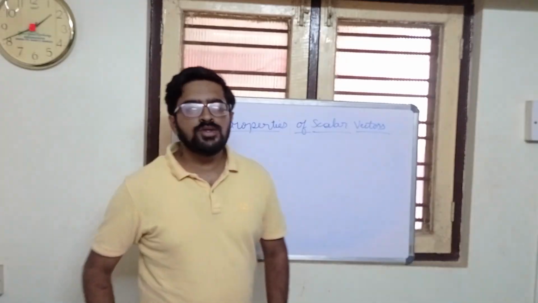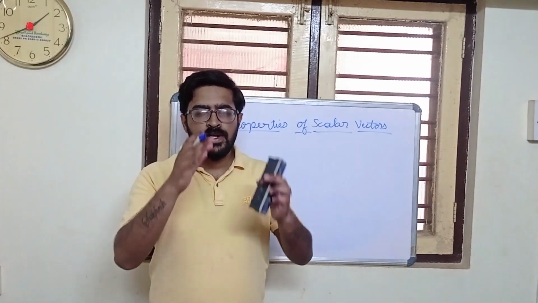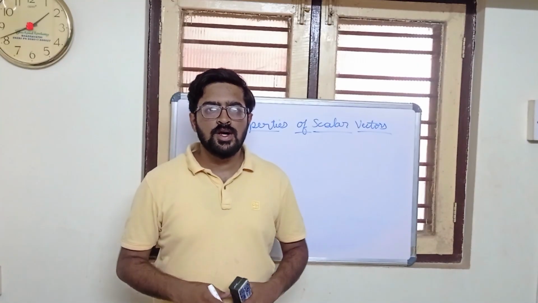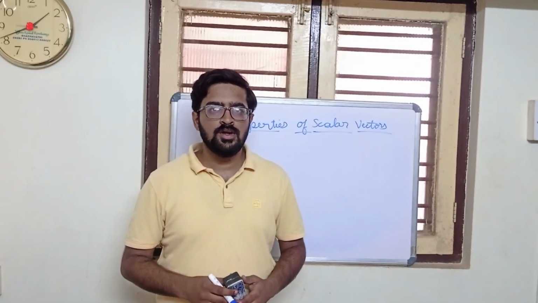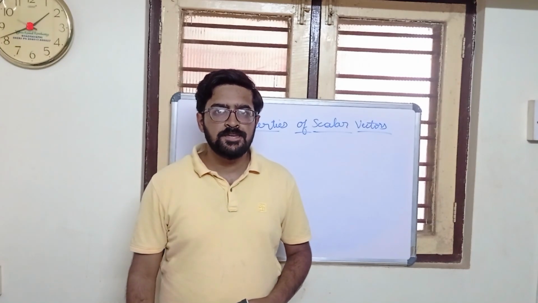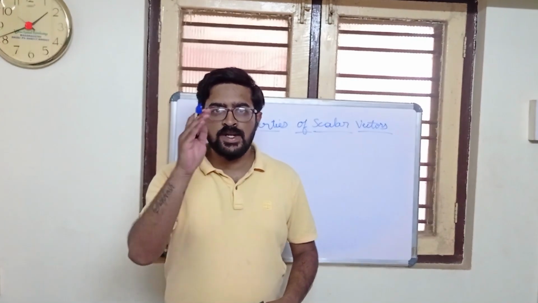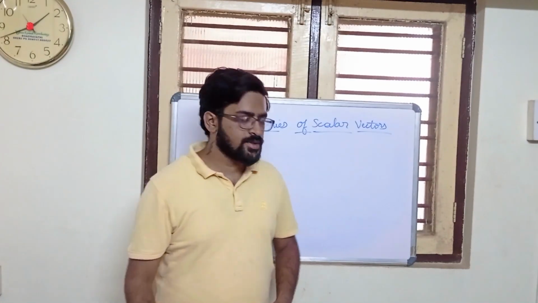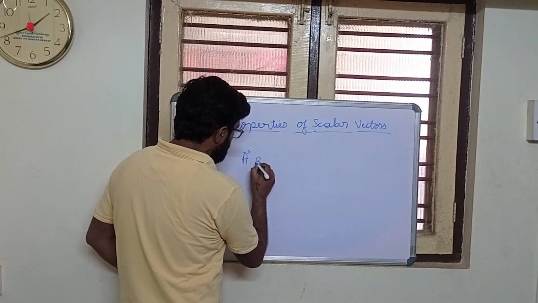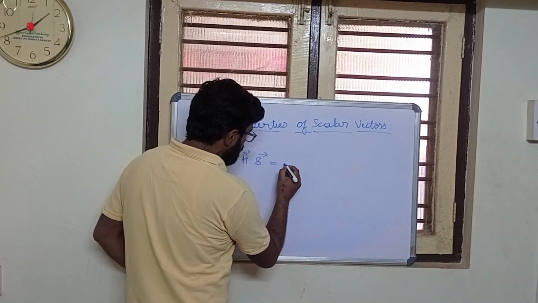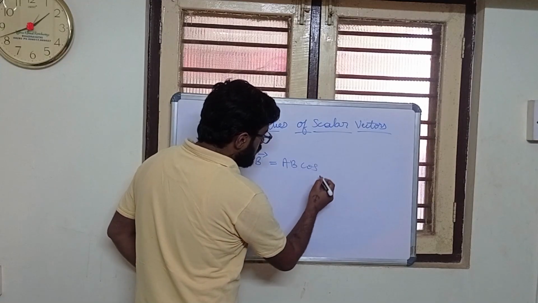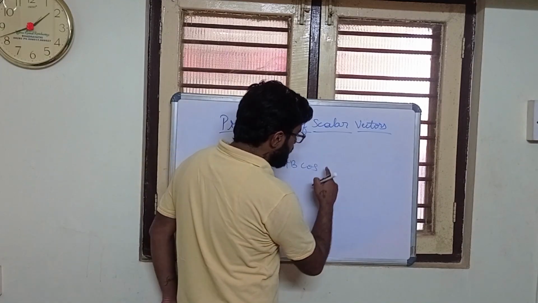Suppose two vectors are perpendicular to one another, what will be their angle? It will be 90 degrees. Let's see how it goes. Vector A dot vector B equals AB cos of theta.